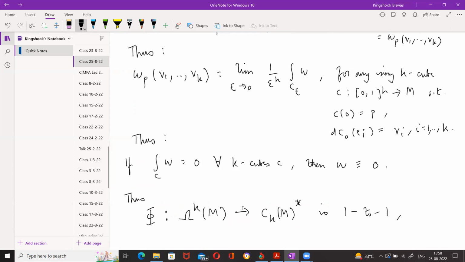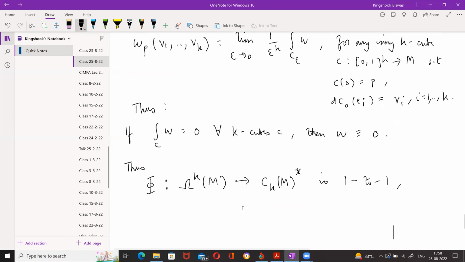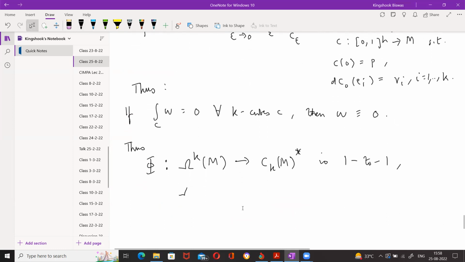So we can think of the space of k-forms as a subspace of the space of cochains. This embeds into the space of cochains.